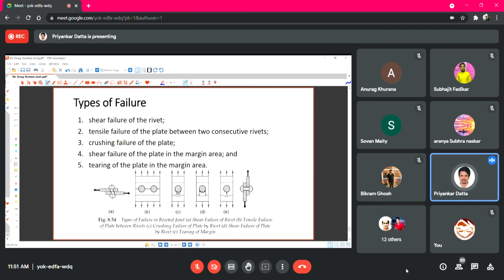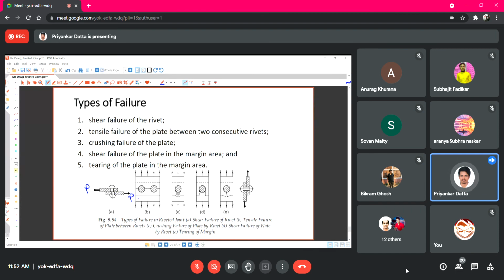That is the main weakest point of the rivet, and based on the design, if we try to prevent the failure there, we have to select the diameter large enough so that it can support the desired load that is applied on each of the plates, right?